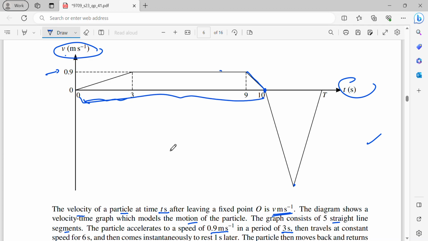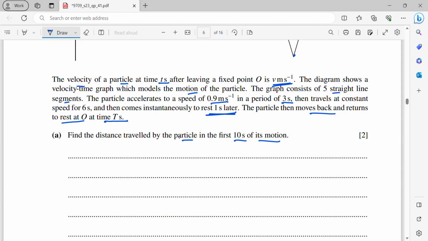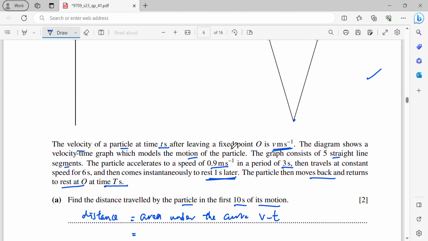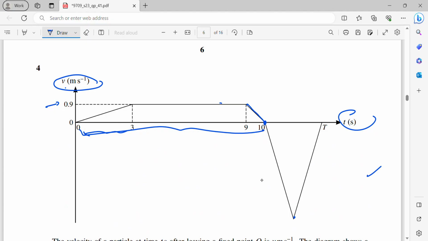So we know that the distance is basically the area under the curve of Vt. When you look at this graph, obviously from 0 to 10, it is a trapezium.